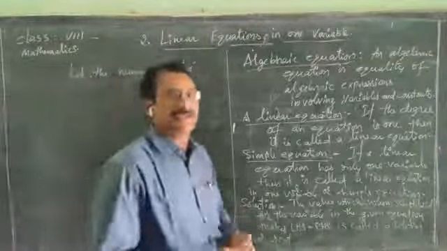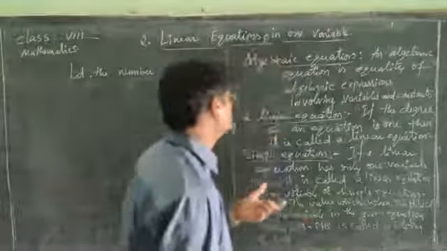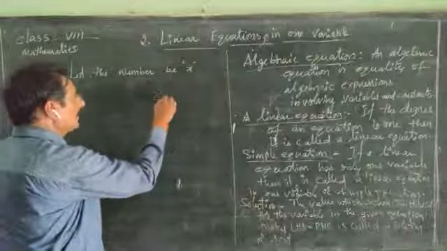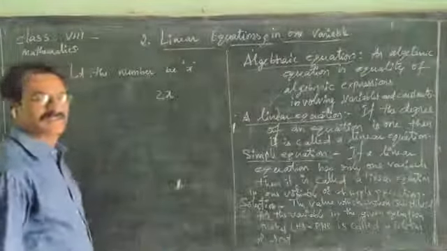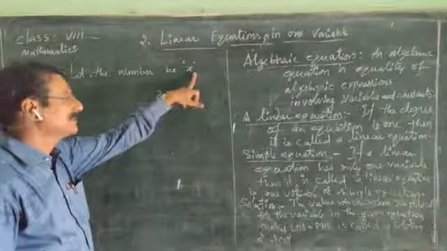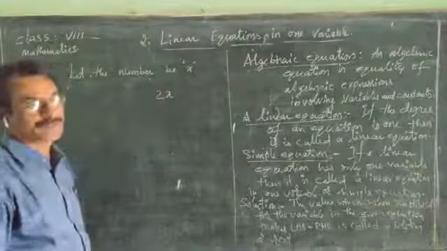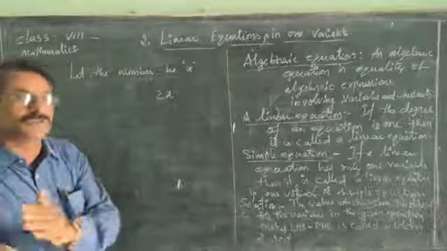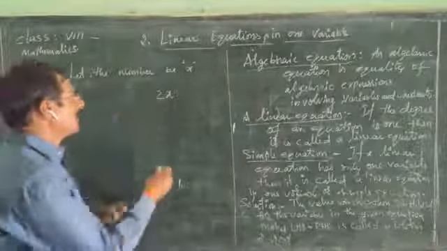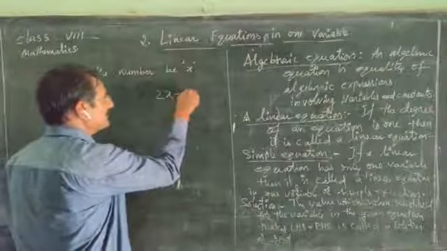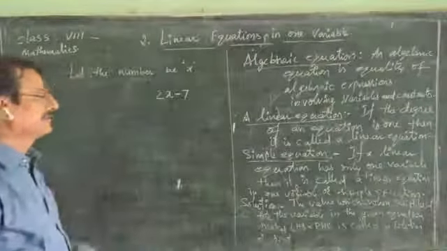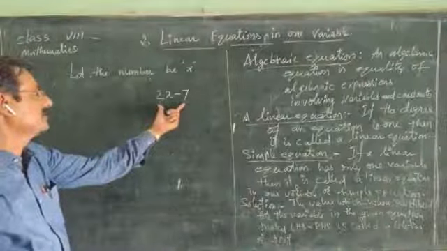After doubling it, it becomes 2x. If we take away 7 from 2x, the remaining is 2x minus 7.